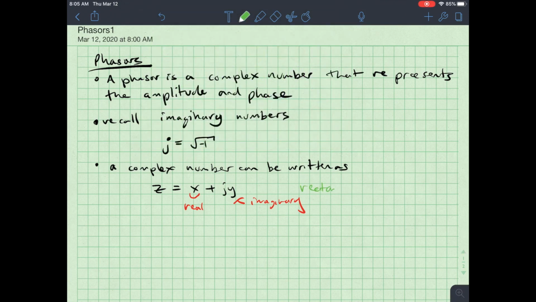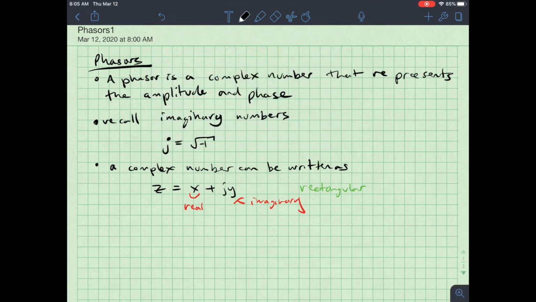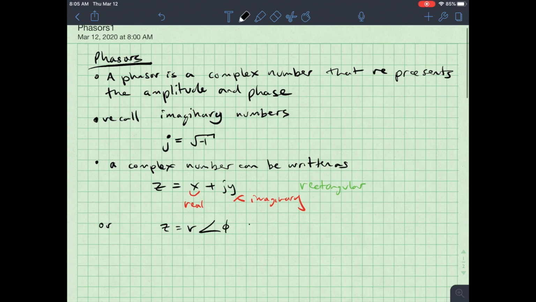This form that I just wrote out is what I call rectangular form. It turns out that I can also write these in polar form. In polar form, I would write Z as some radius r with angle phi, which can also be written in an exponential form, r e to the j phi.